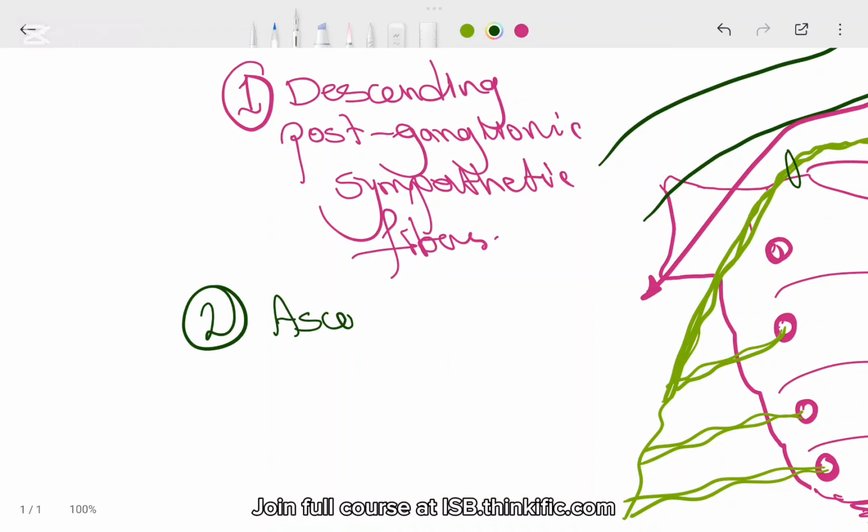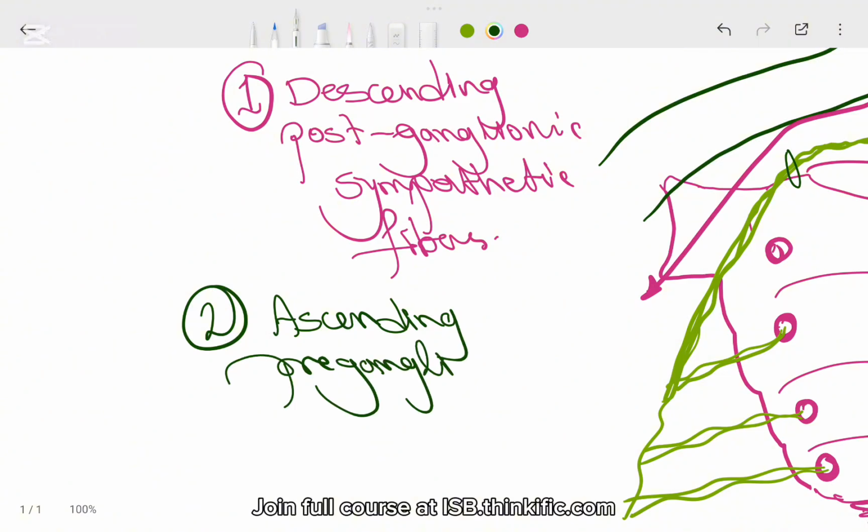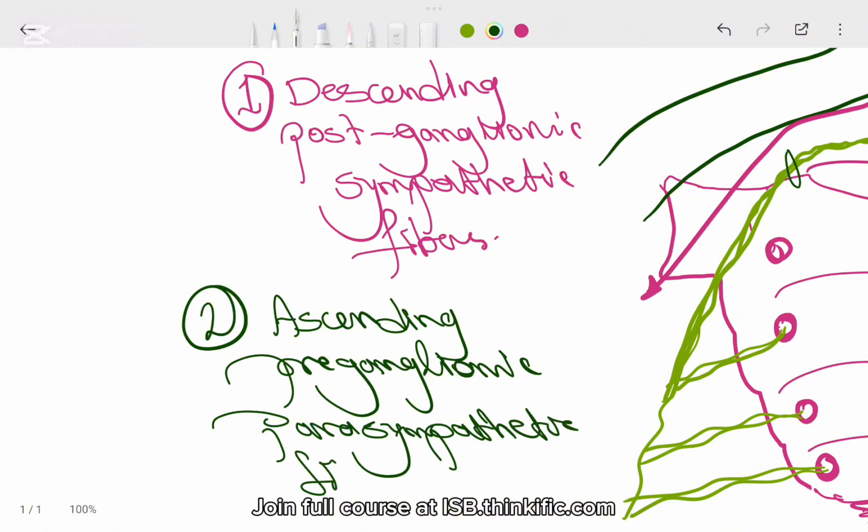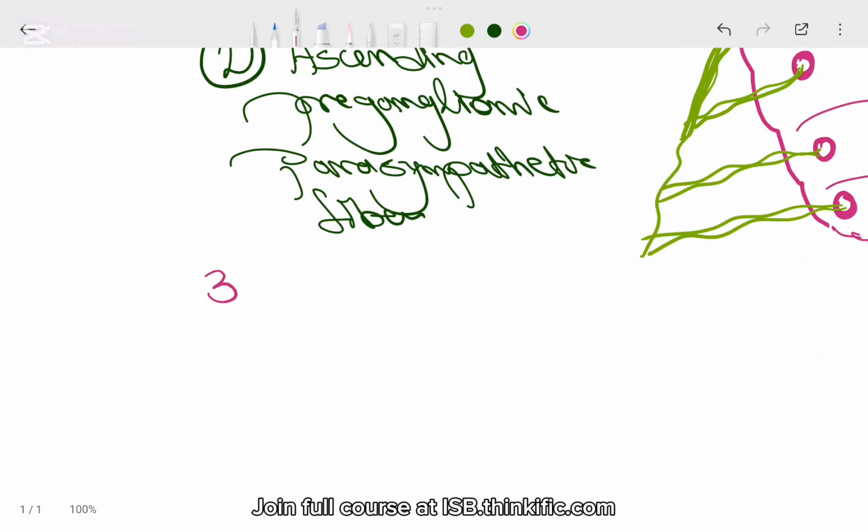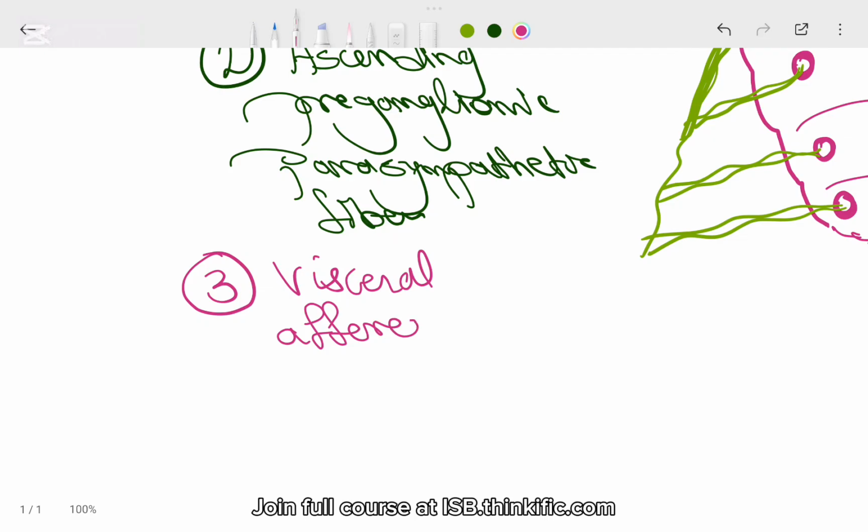Ascending preganglionic parasympathetic fibers. And finally, they contain visceral afferent fibers from the pelvic organs, visceral afferent fibers which mediate pain.